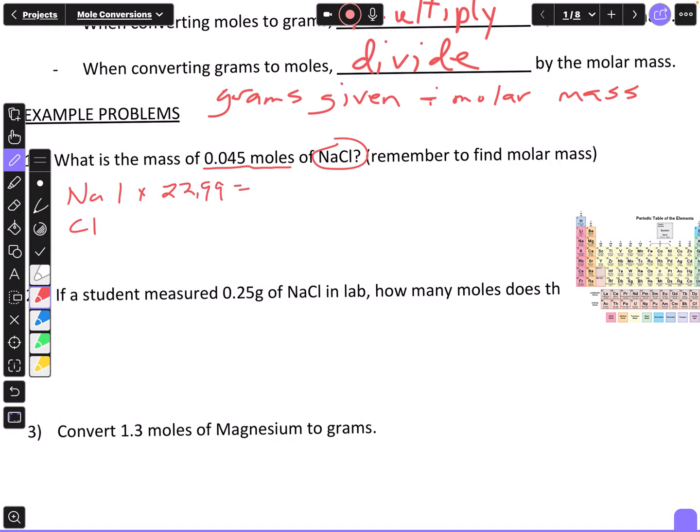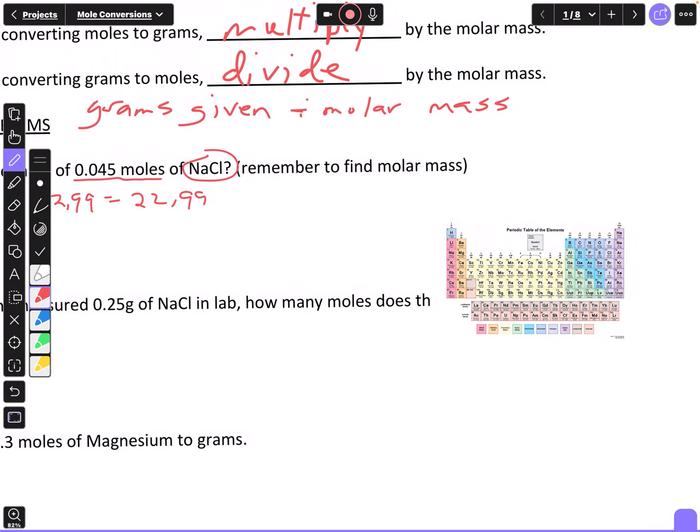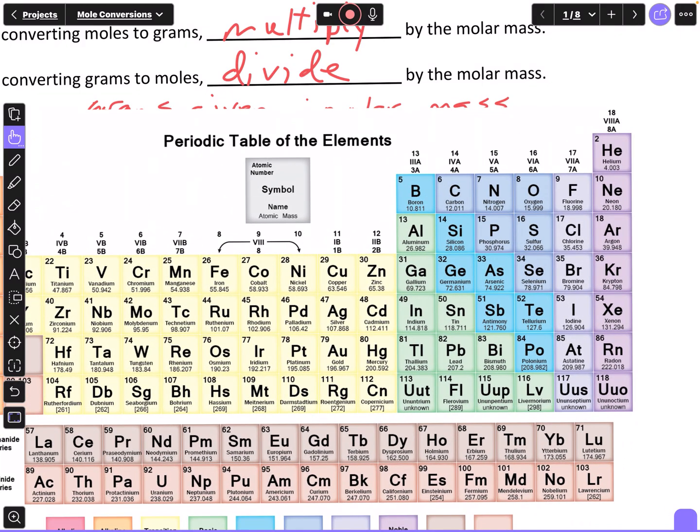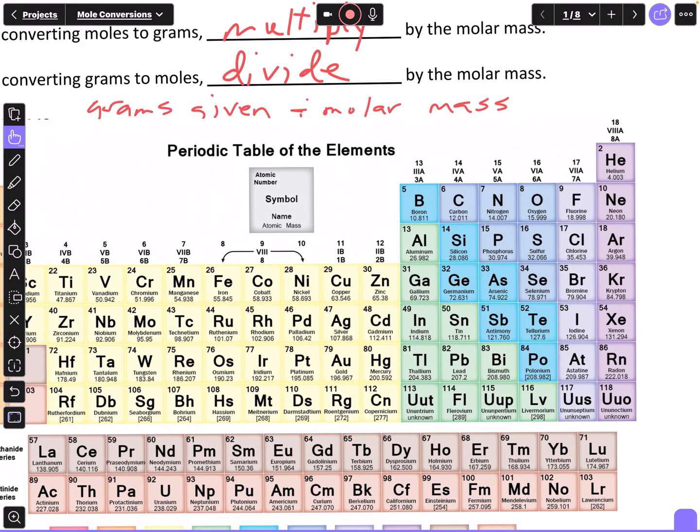One times 22.99 is 22.99. And then chlorine, I got one atom of it times its atomic mass. Look up chlorine, it is 35.45.